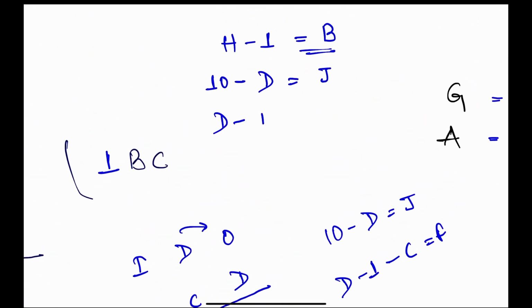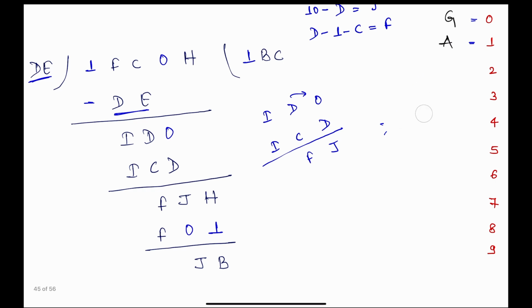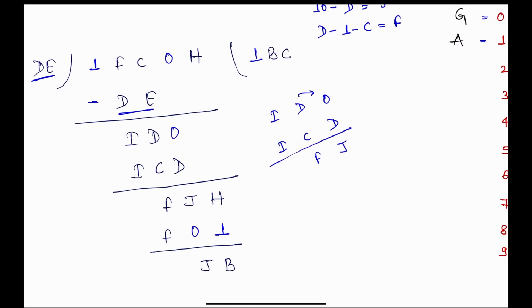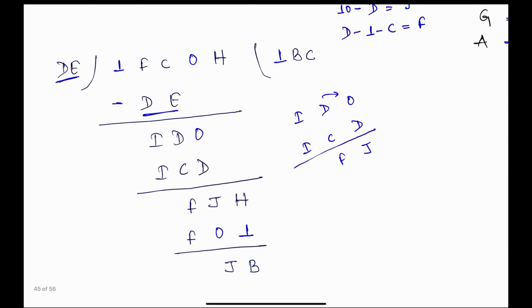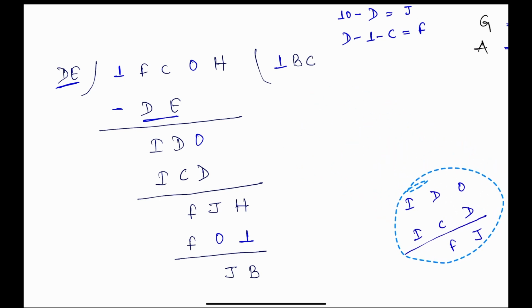D minus 1 minus c is equal to f. Okay, these two things we got from the value, right? So this value is done.